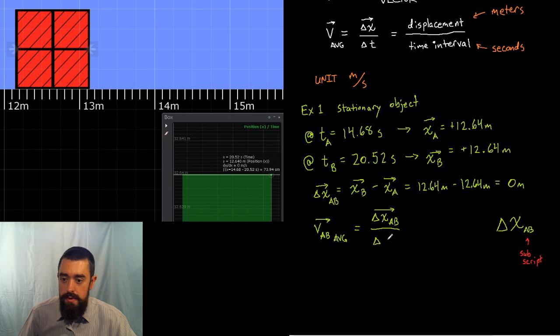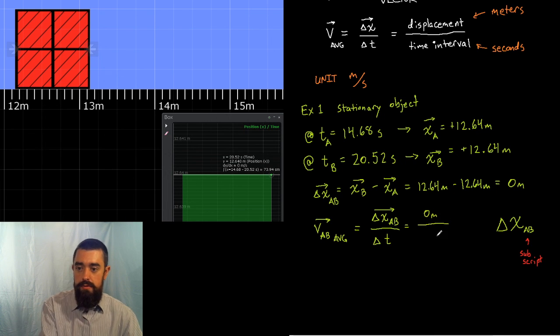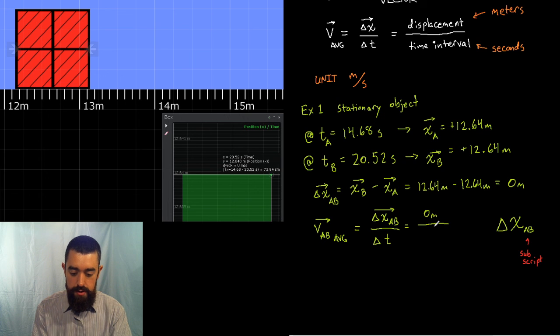Yep. So the delta t, so 0 meters divided by, what's 20.52 seconds minus 14.68 seconds? 5.84 seconds?